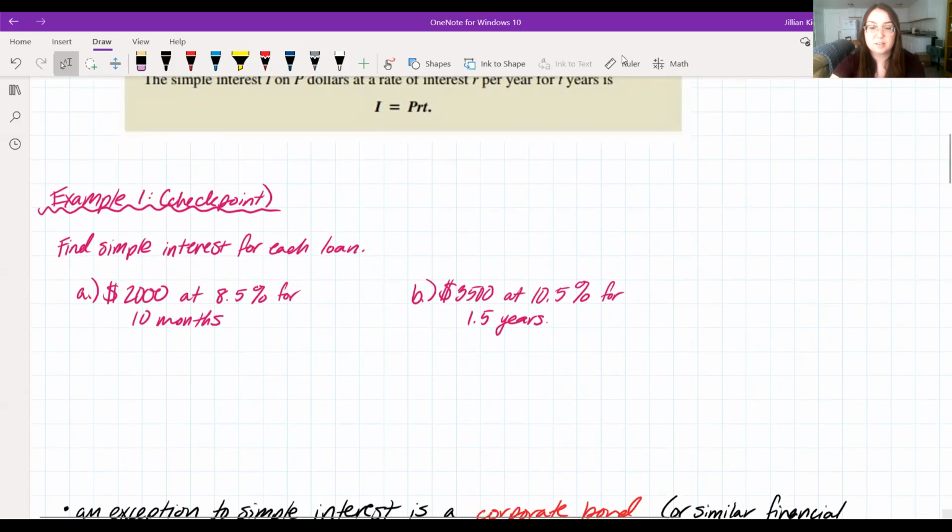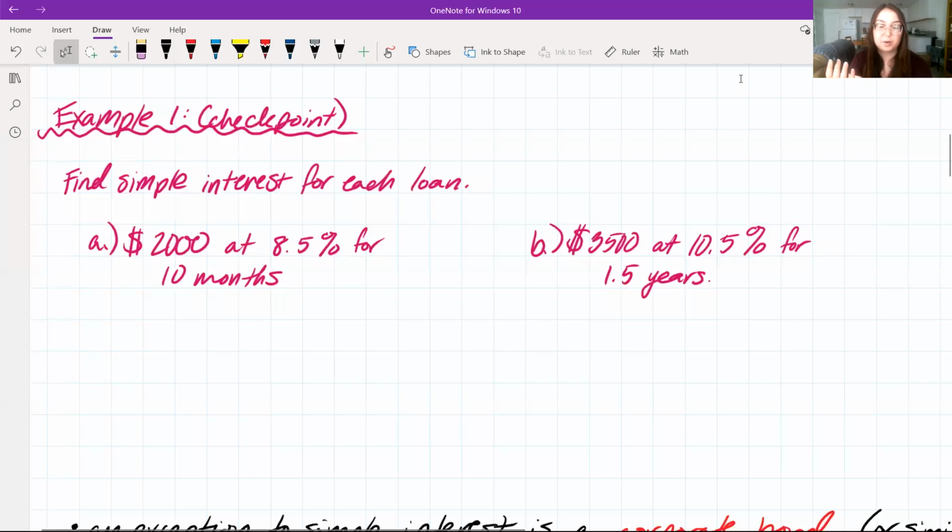So we can say here, since we know our equation is I = PRT, and we want to find I, we know our principal is going to be 2,000. So we'll say P is 2,000.